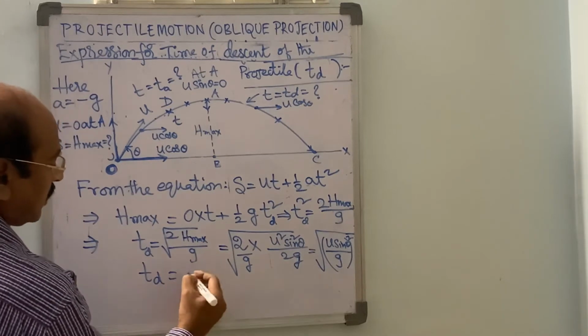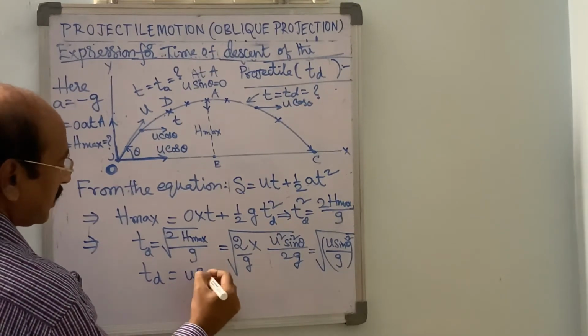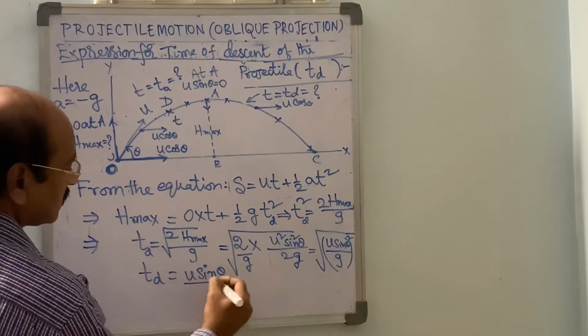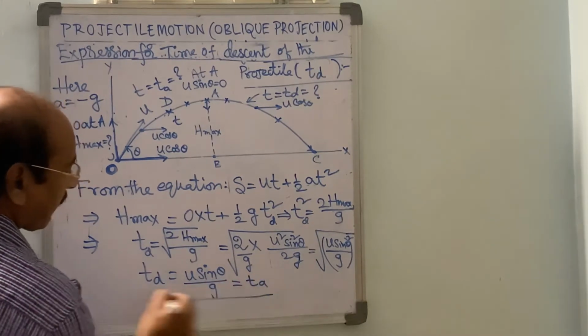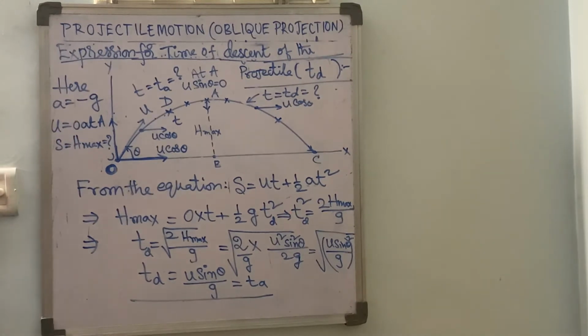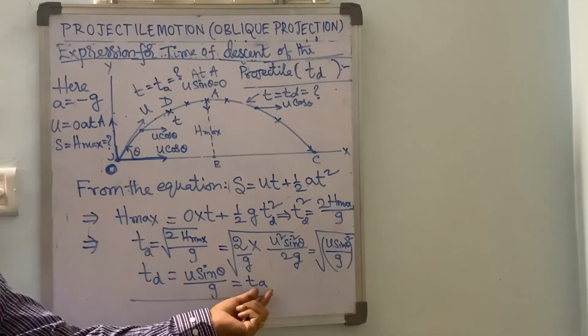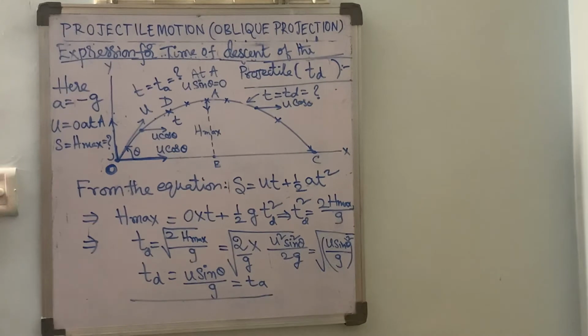Therefore, Td can be written as u sin theta by g. This is equal to Ta. So time of descent is equal to the time of ascent.